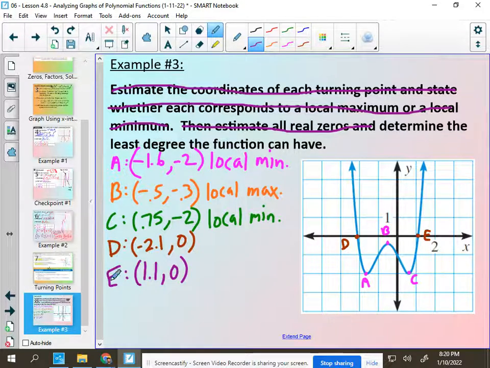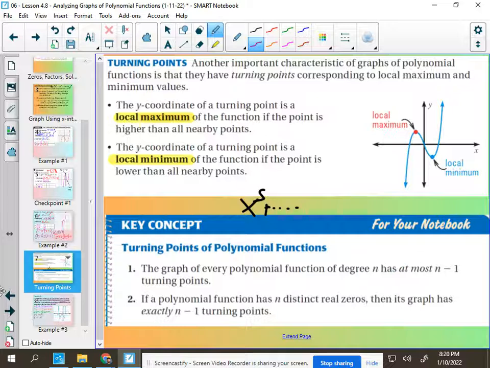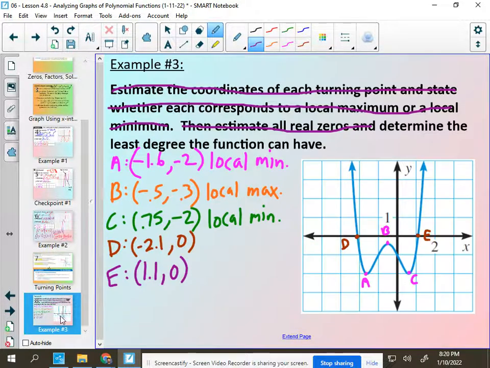Because this said if you knew the degree, subtract 1 to find the turning points. So this could not be a first, second, or third degree because there are 3 turning points. This has to be at least 4th degree. Okay, minimum.